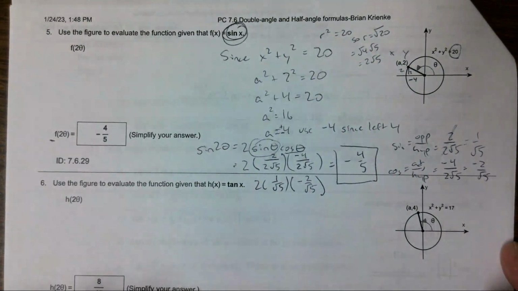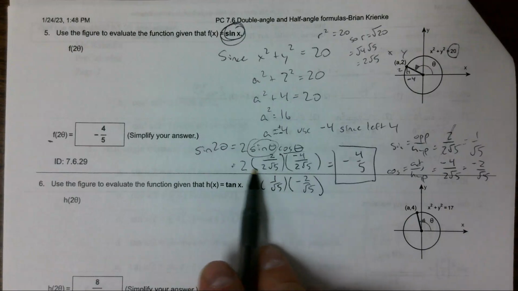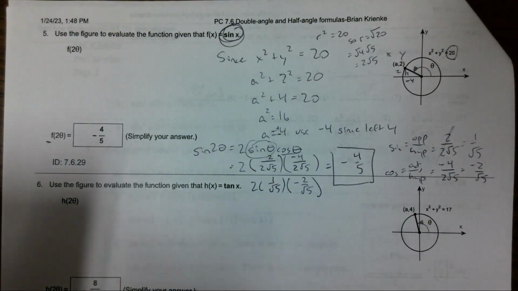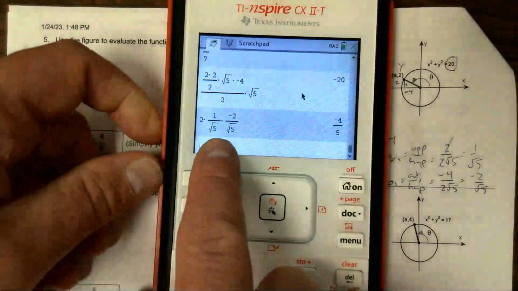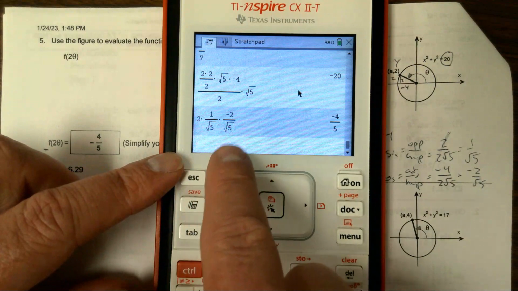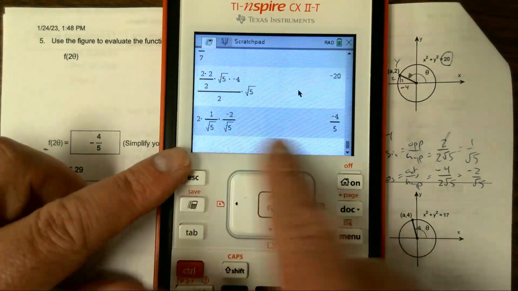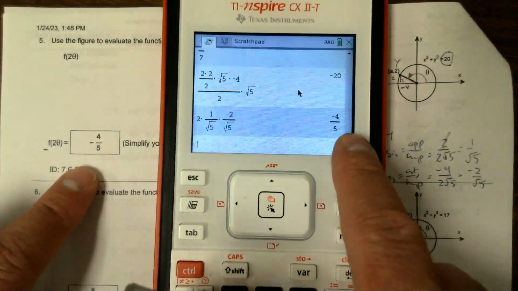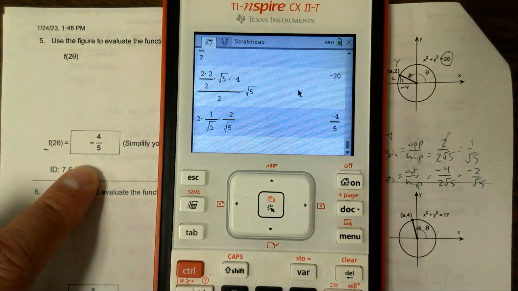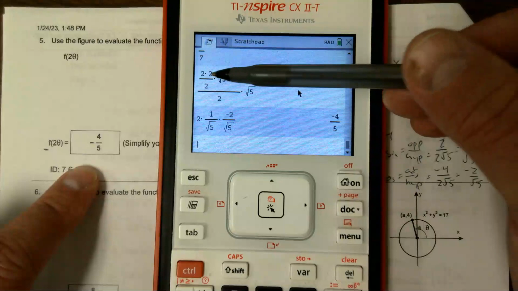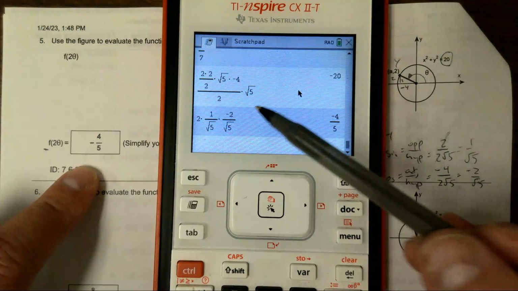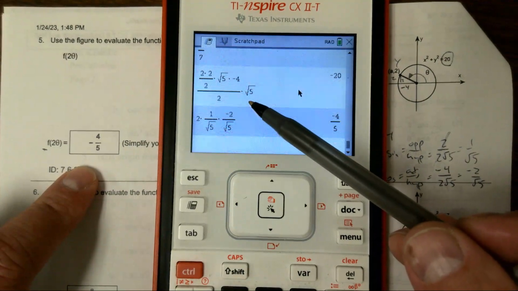Now, if you felt more comfortable just typing what we originally had, that's going to be this one that's shaded, 2 times 1 over square root of 5 times negative 2 over square root of 5. And that gives you negative 4/5, which is the right answer. Be careful when you're putting in your values, because over here I'm showing what would happen if you don't have your divide by sign right.